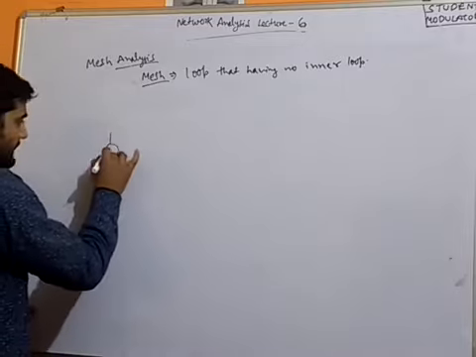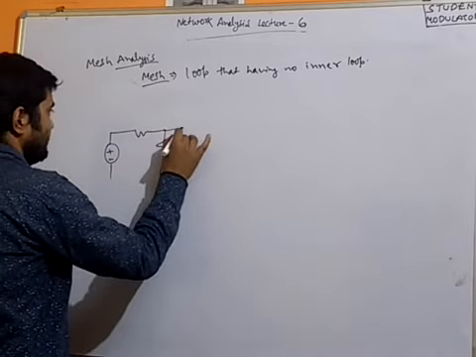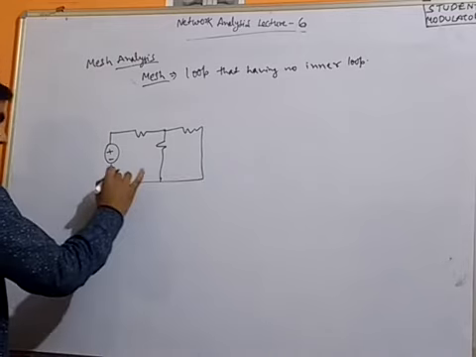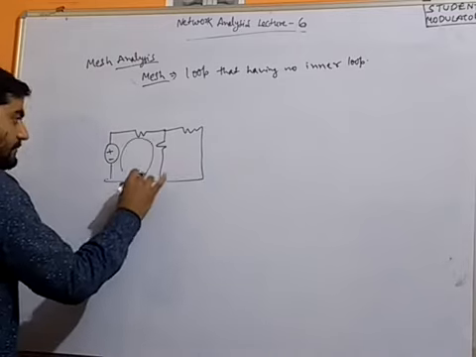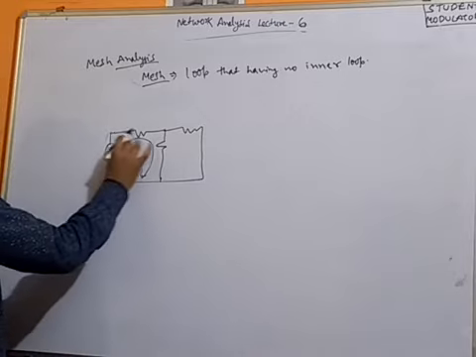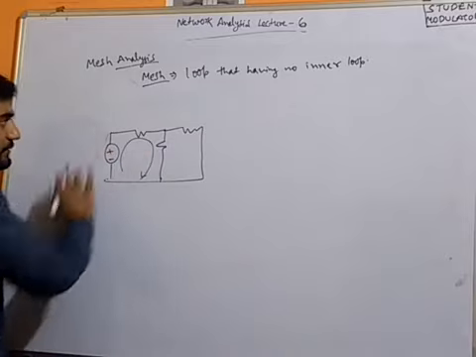Here I am taking an example. If I consider this loop, it is a mesh because it has no inner loop.